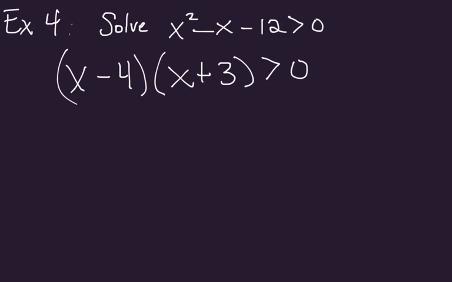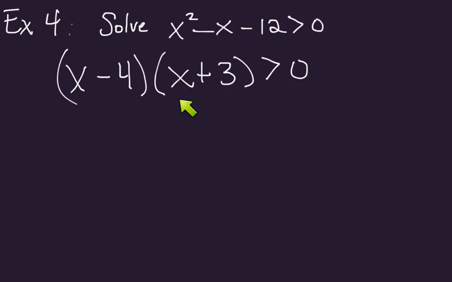The difference here is I have an inequality. With a quadratic inequality, we have to test points. Look up top. What does it mean to be greater than 0? It's positive. That's exactly right. I need to know when this equation is positive. So here are the steps you're going to take.